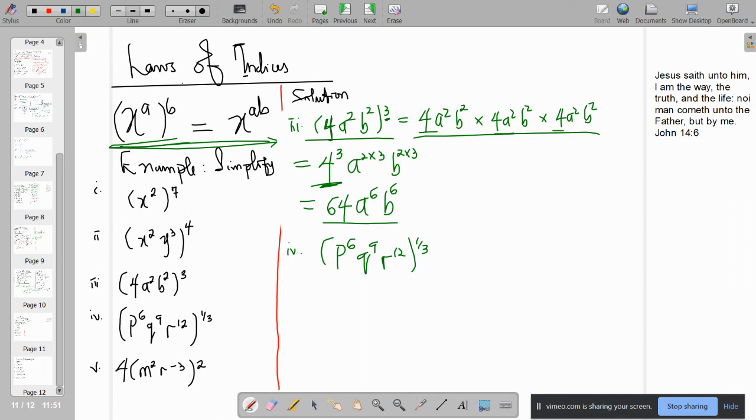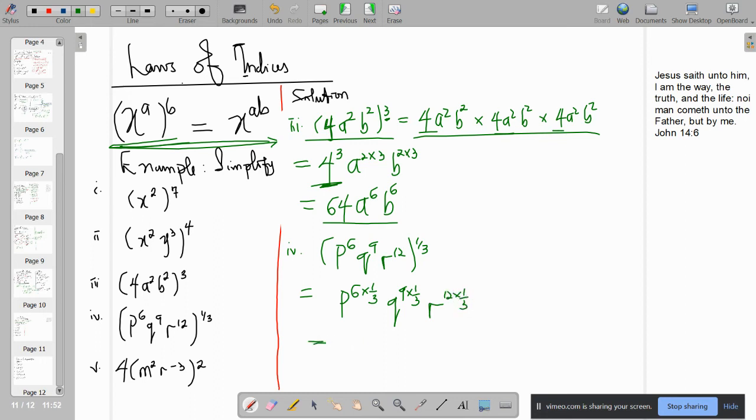They can be negative, they can be positive, they can be decimal or fraction. So whichever case it may be, the law is still applicable. So here now we have p raised to power 6 times 1 over 3, q raised to power 9 times 1 over 3, then r raised to power 12 times 1 over 3.